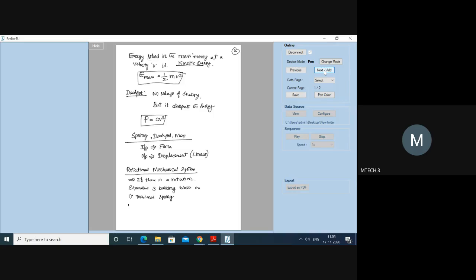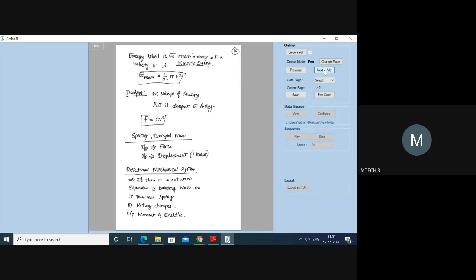Number two, rotary damper. Number three, moment of inertia. Okay, right. So these are the three things which are going to be present.